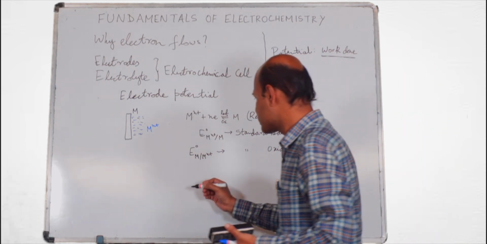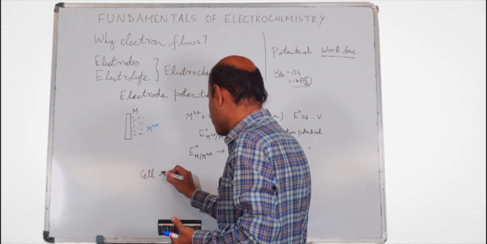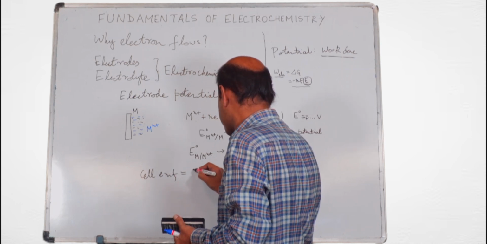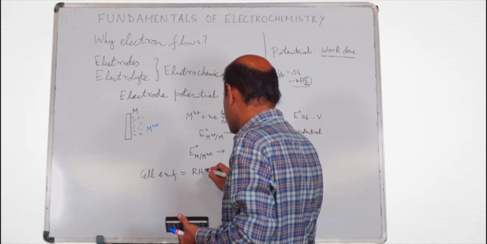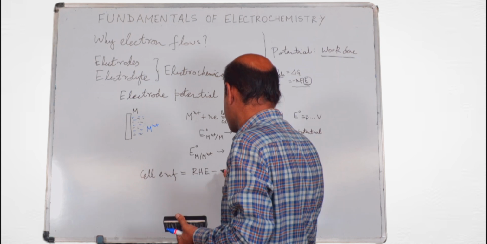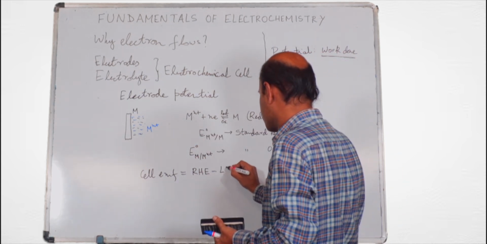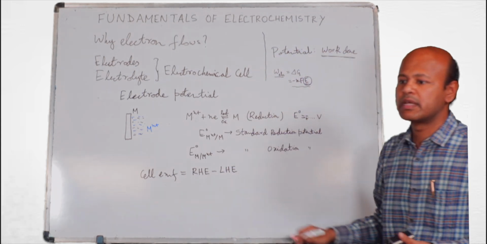So how to denote the net cell EMF? The cell EMF is written as the right hand side electrode EMF minus the left hand side electrode EMF. This is how the cell EMF is reported.